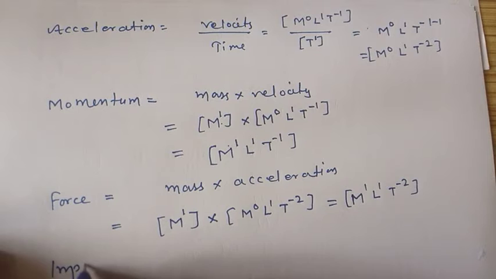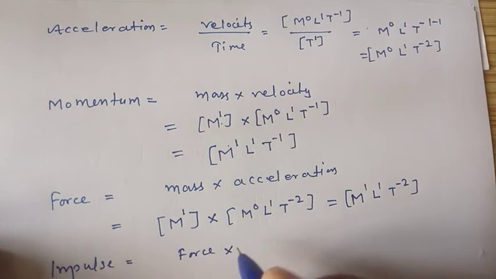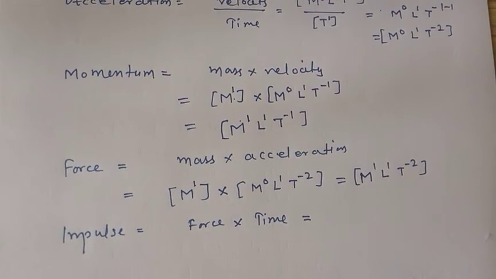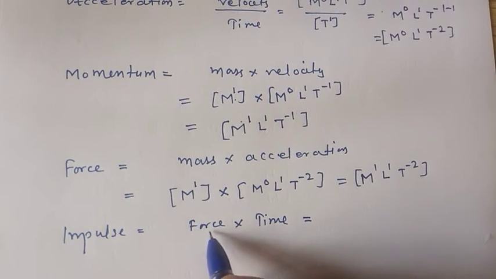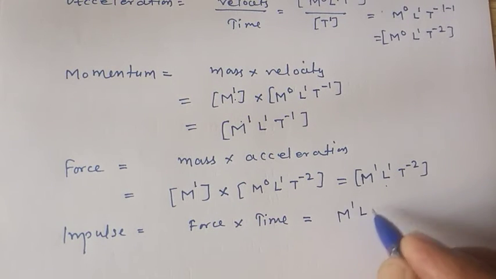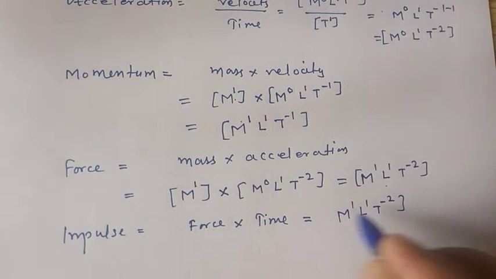Impulse is defined as force into time. Force acting for a short time is called the impulse. So the dimension formula will be the dimension formula of force, that is M power 1, L power 1, T power minus 2.